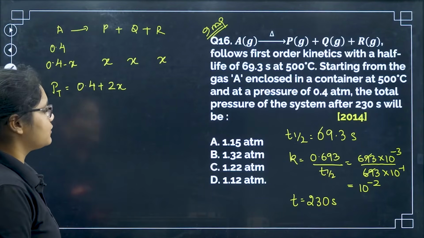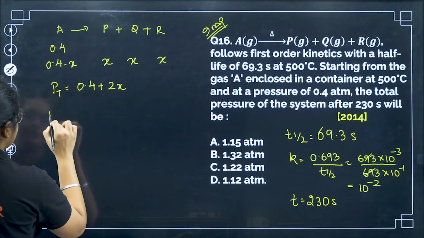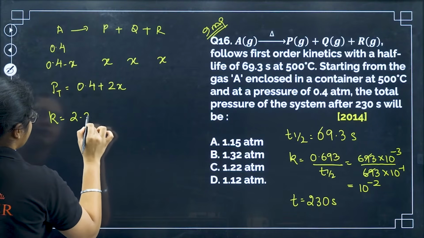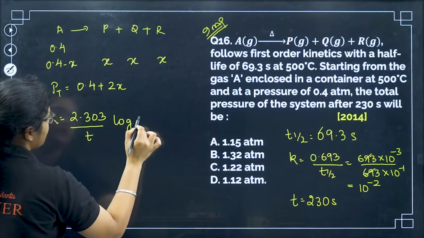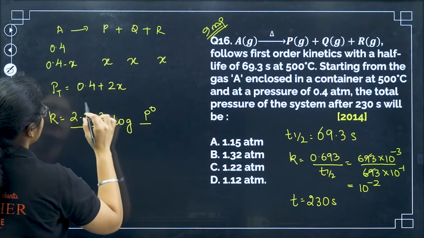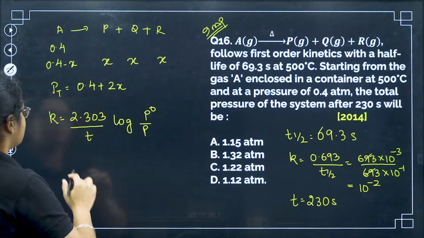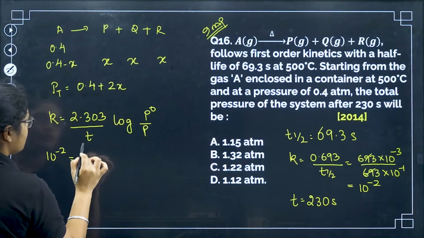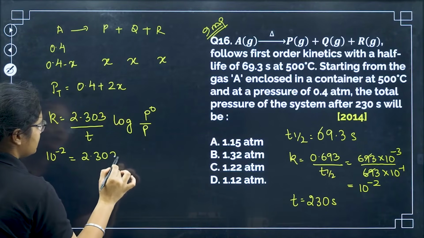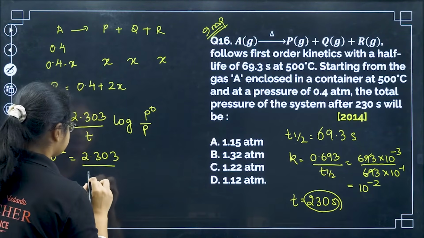So now what I want to calculate, if I just use the first order integrated equation, K equal to 2.303 by T log of P naught by P. Right, this is the equation. So what is the K value that I have got? 10 to the power of minus 2. Then 2.303. The time they have asked me is 230 seconds.